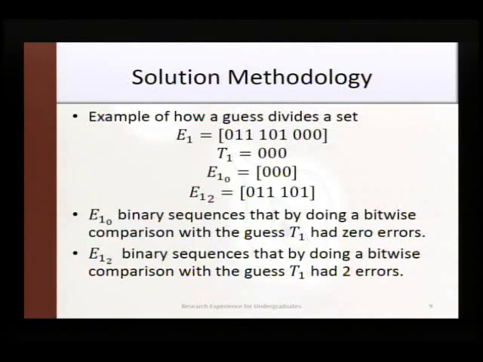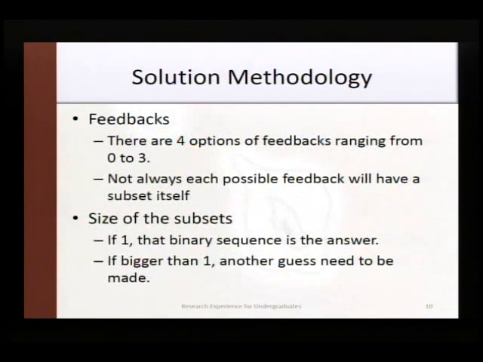If I have these 3-bit binary sequences, and after I do a guess of 000, I do a bitwise comparison with each one of them, I'll get, if my feedback is 0, one of my subsets will be the binary sequence 000, and if my feedback is 2, I'll know that my subset is going to have size 2, and will have 3-bit binary sequences.